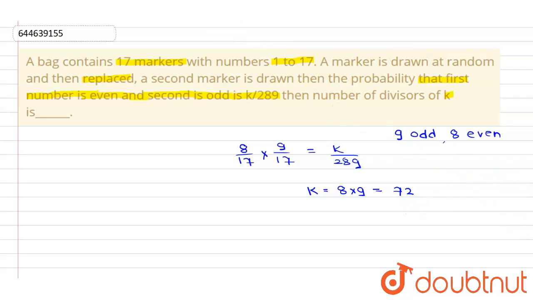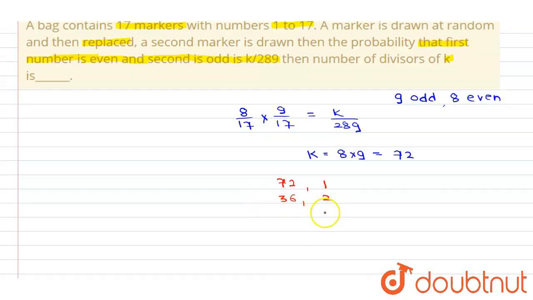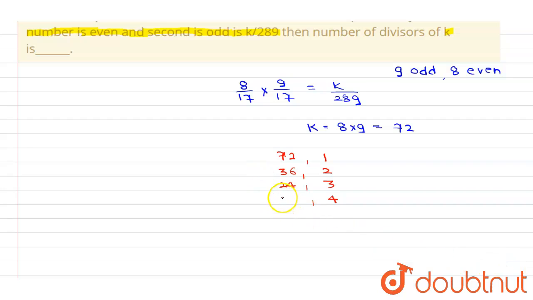So let me write all the divisors of 72. 72 will be, this will be 72 and 1, 36 and 2, 3, and it will be 24 and 4, and it will be 18, not divisible by 5, divisible by 6, yes, this will be 6 and it will be 12, 6 into 12.